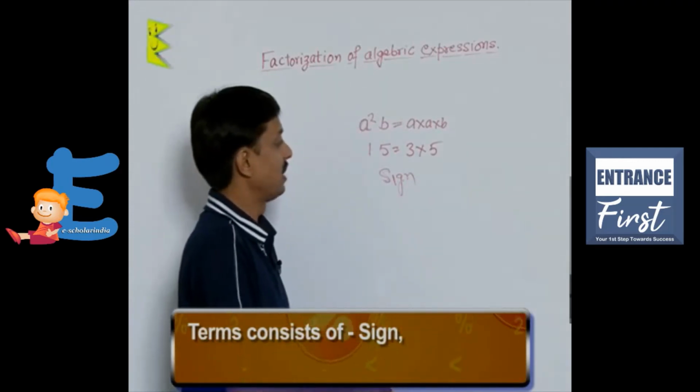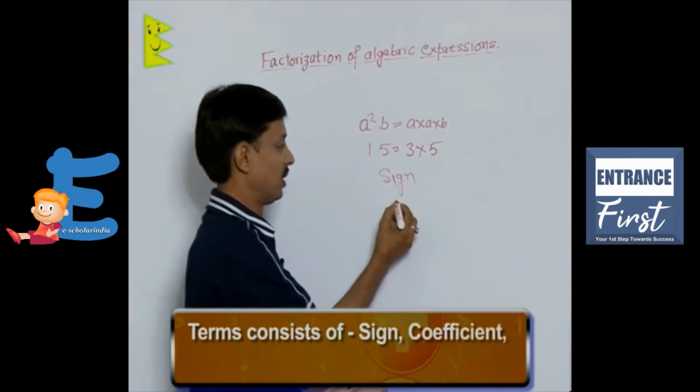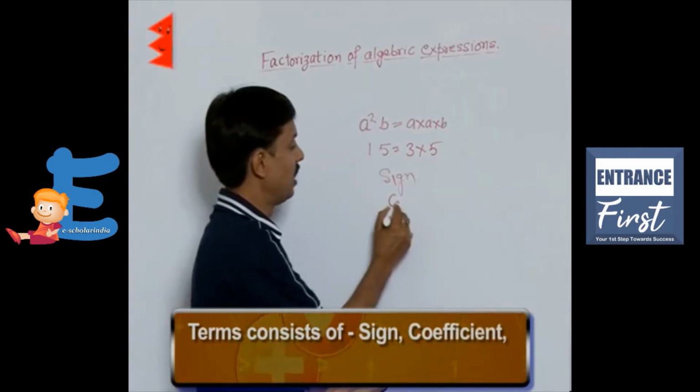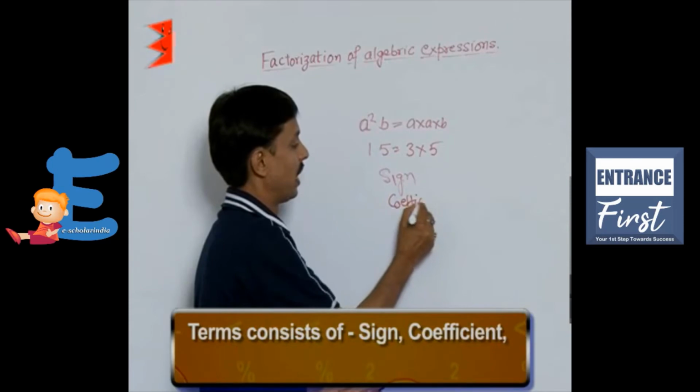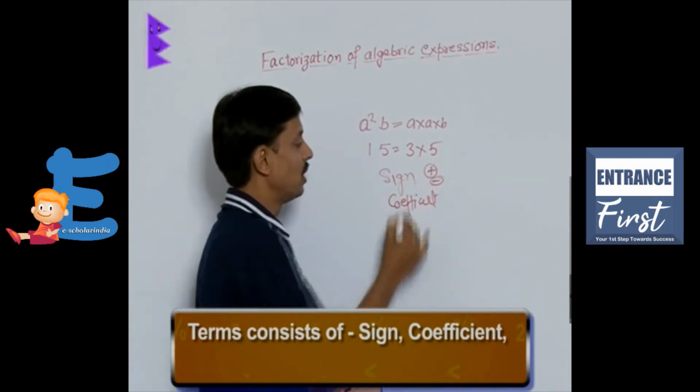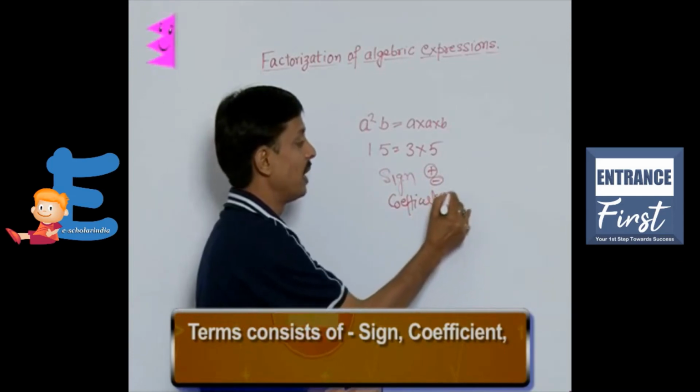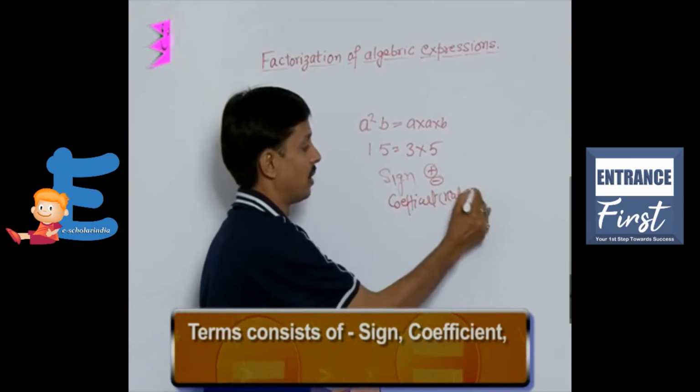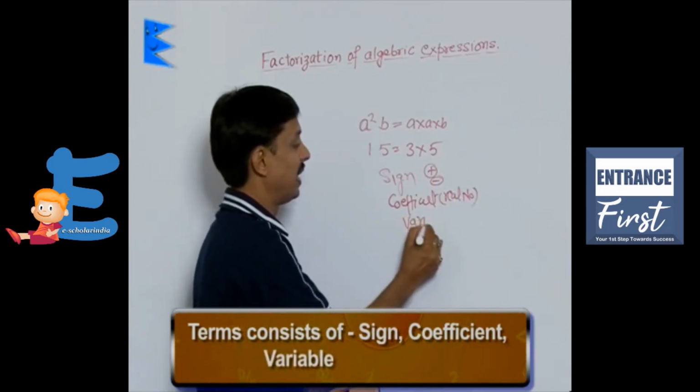Then it has a digit. Digit means it has the coefficient. The sign may be plus or minus, and the coefficient will be any real number. Then it has a variable.